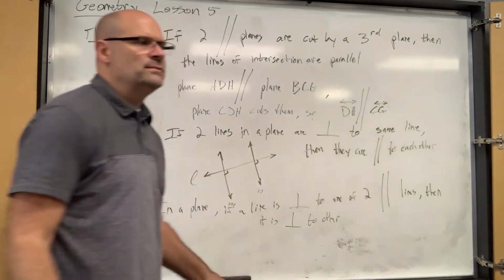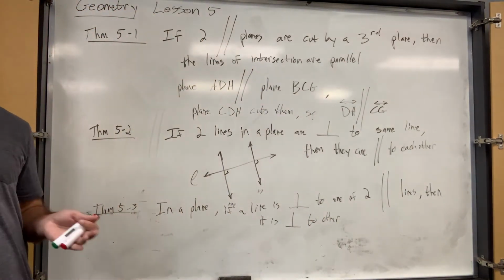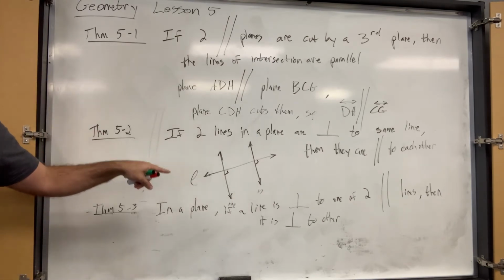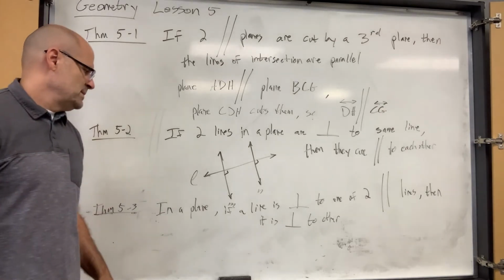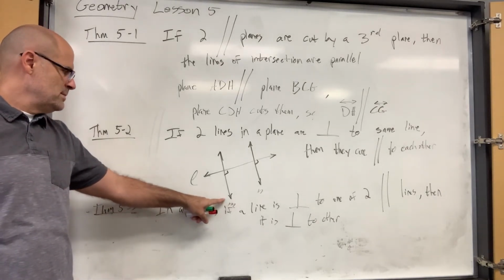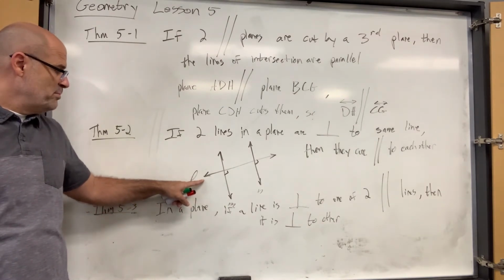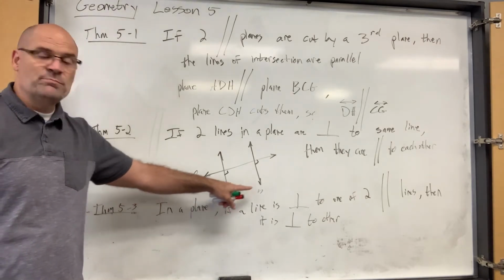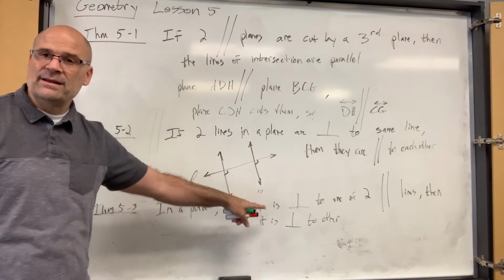Okay? Guys, you don't have to memorize this. You just have to kind of follow the logic and see if it makes sense. So let me logically explain using this example here. If L is perpendicular to M, and M is parallel to N, then L has to be perpendicular to N as well.